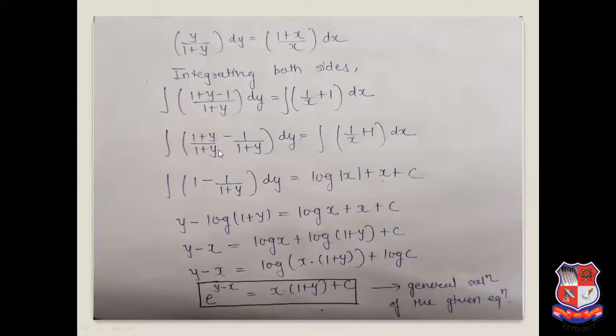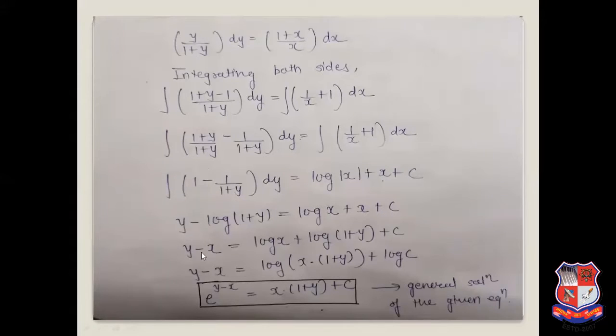Here 1 plus y cancels out. So integration of (1 minus 1 upon (1 plus y)) dy equals integration of 1 upon x, which is log x, and integration of 1 is x plus c. Now integrate here. Integration of 1 with respect to y is y. Integration of 1 upon (1 plus y) is log(1 plus y). So y minus log(1 plus y) equals log x plus x plus c.